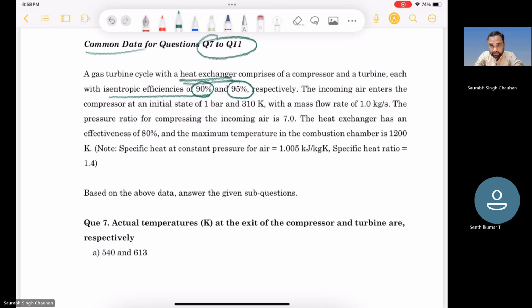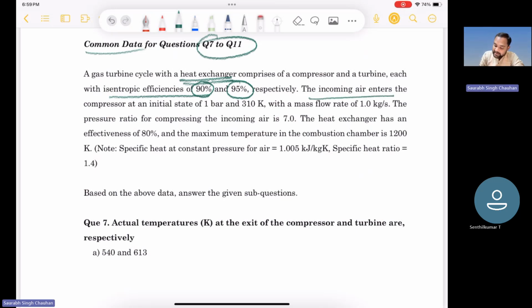There are some irreversibilities, so the isentropic efficiencies are given. If the compressor is not ideal, then it will consume more work input. And if the turbine is not ideal, then it will produce less work. So this is what happens in the non-ideal case.